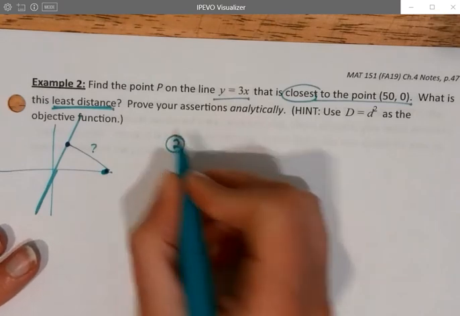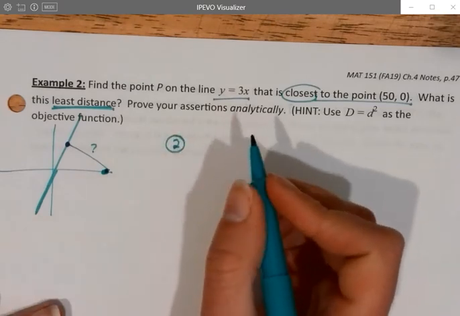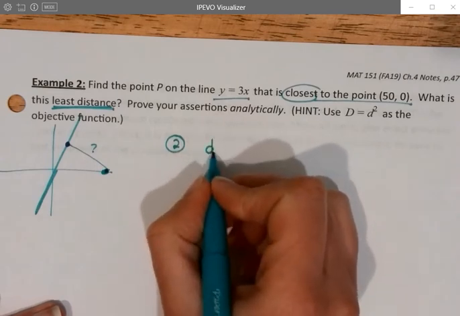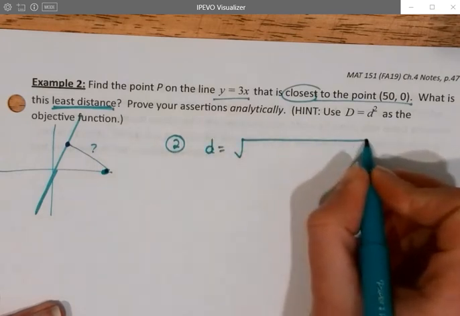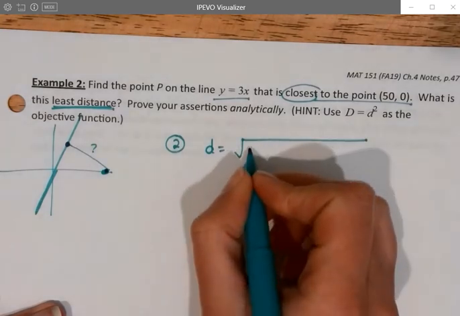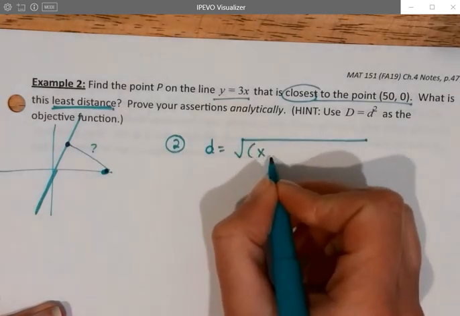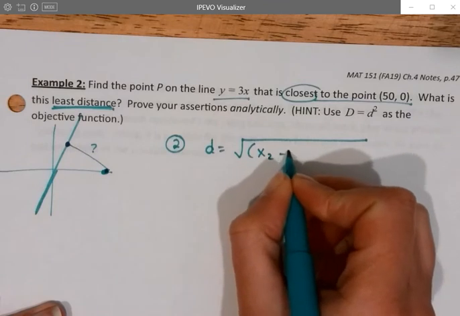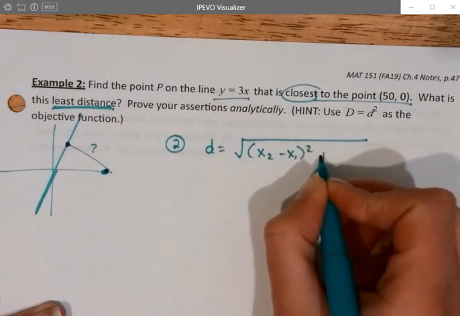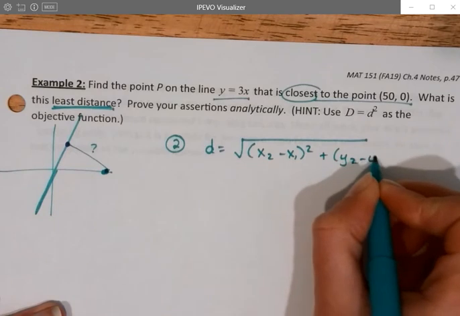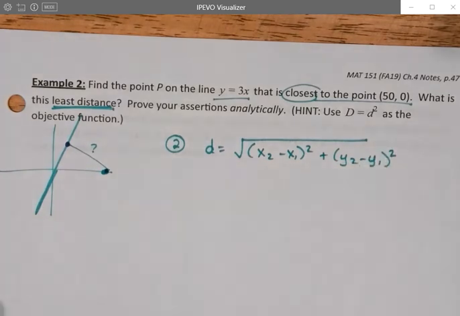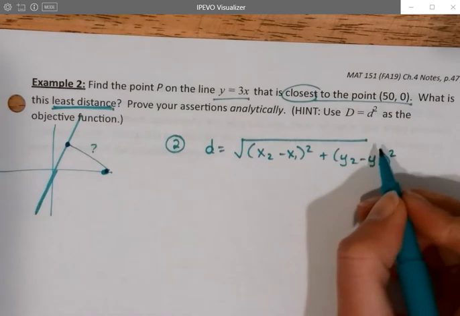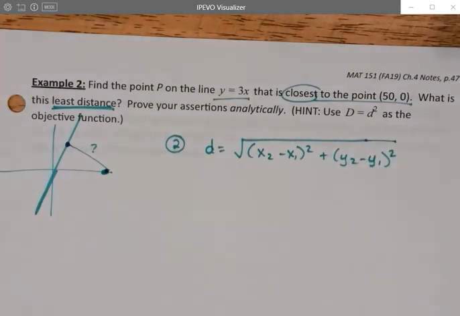So as I get to my objective for distance, the general distance formula would be the square root of (x2 minus x1) squared plus (y2 minus y1) squared. Something like that is the distance formula, and again, whatever you call those things in there varies depending on what resource you're looking it up in. But I'm just subtracting the two x coordinates, squaring it, subtracting the two y coordinates, and squaring it. Okay.